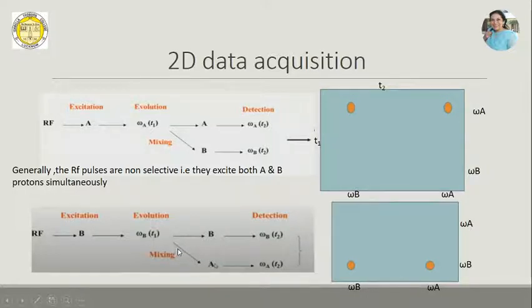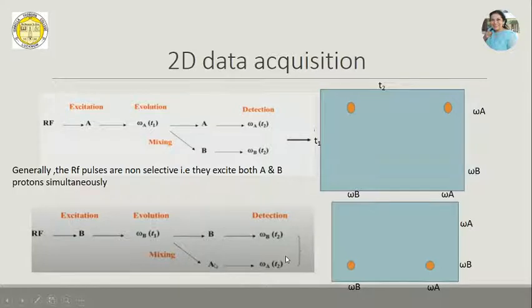When mixing happens, some of the magnetization will be transferred to the coupled nucleus A, but some will remain with B. Thus I will have two FIDs: one is cos omega B t2 and the other is cos omega A t2.